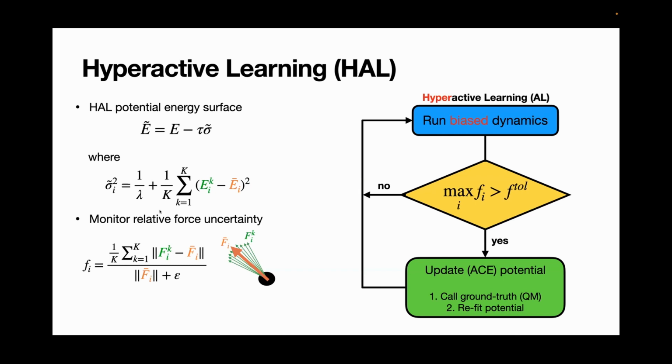So if you're trying to fit a liquid or phonon spectrum, the magnitude of the errors is vastly different, and the magnitude of the forces too. But if you want accurate results, you're looking at a relative force error on the order of a few percent, perhaps 3 to 10%. So this is why we chose to monitor relative force uncertainty to decide whether to stop the hyperactive learning, evaluate the ground truth DFT, refit the potential, and then generate a new configuration.